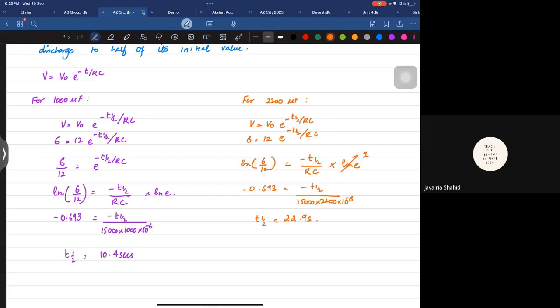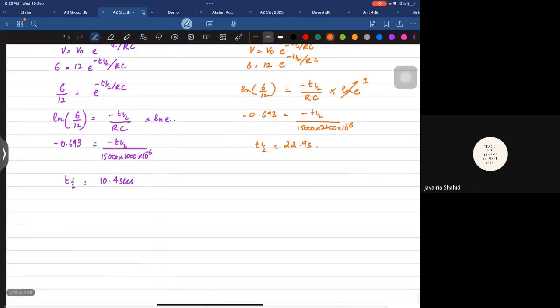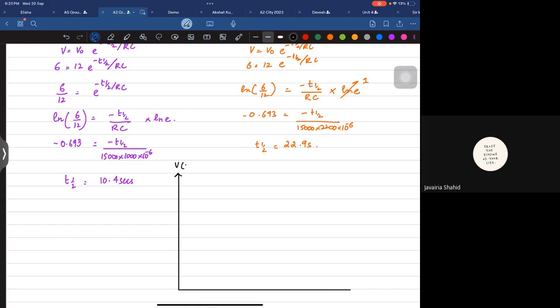Yes. Good. So if I make a graph of these two, let's draw a graph here. This would be voltage in volts, this will be time in seconds. Both graphs should start from the same point. One graph would look like this, the other one would look like this.